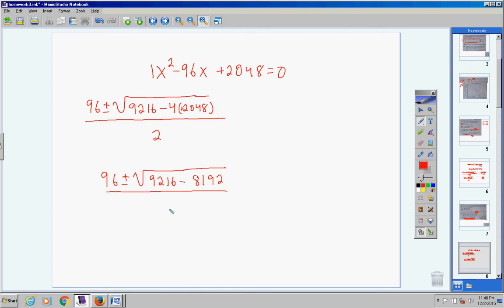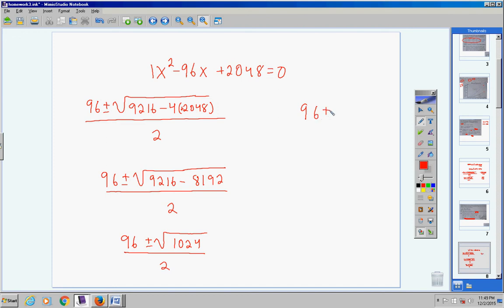All over 2. Now if we combine these two numbers right here, we're going to get a positive 1,024. So 96 plus or minus the square root of 1,024 all over 2. And the square root of 1,024 is 32 exactly.